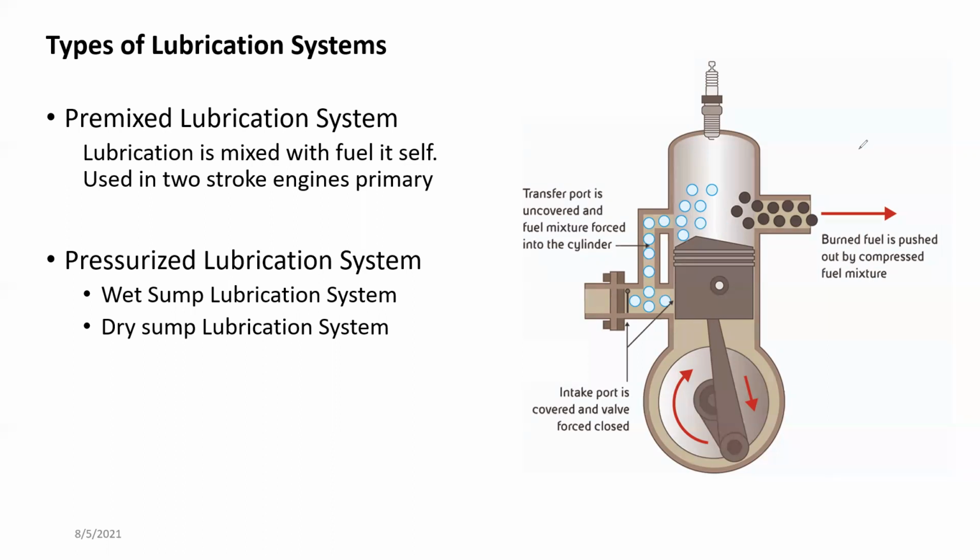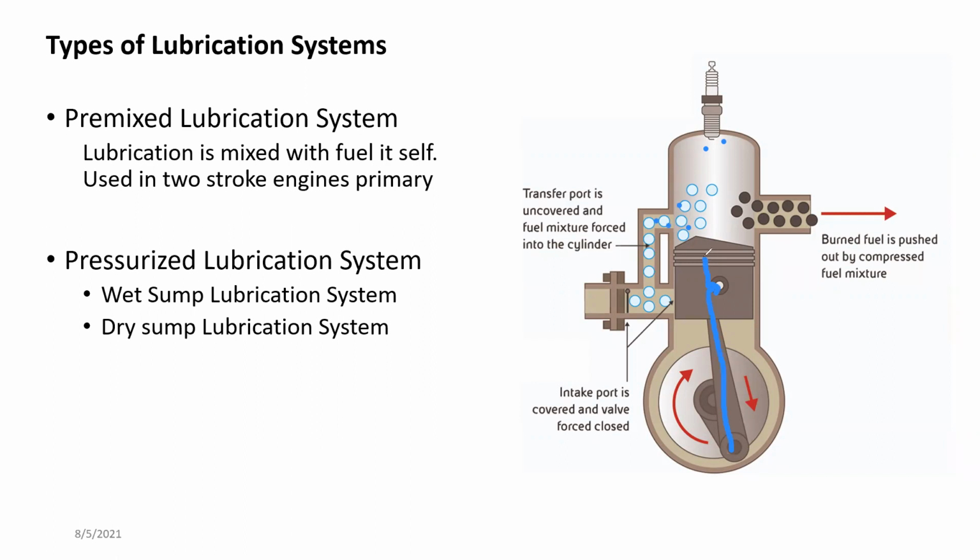So the other system is the pressurized lubrication system. In the pressurized lubrication system, instead of sending the lubricant through the air-fuel mixture, what they do is they pump oil through here into the piston itself.